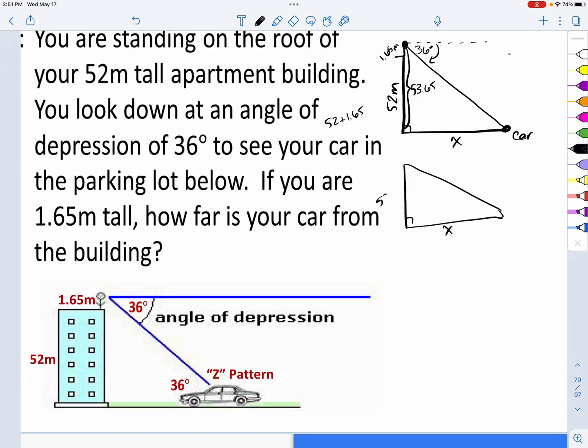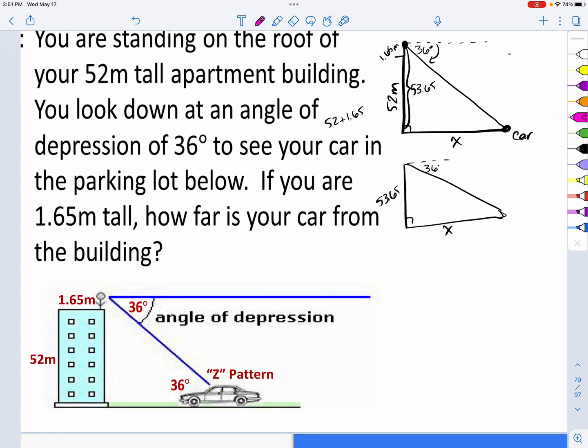X, 53.65. That exterior angle is 36. You can use this angle by taking 90 minus 36, or the Z pattern and say this angle down there is 36. Does not matter.